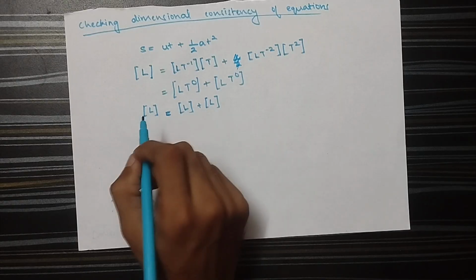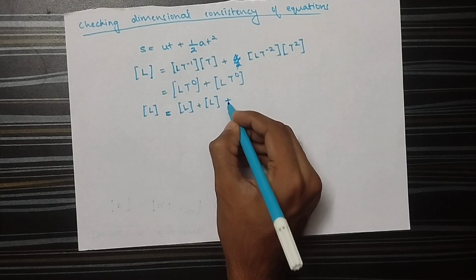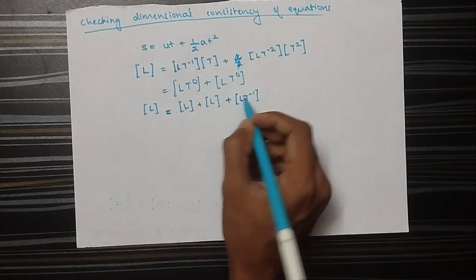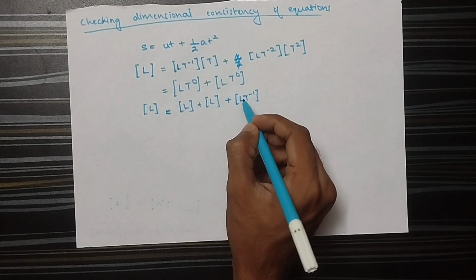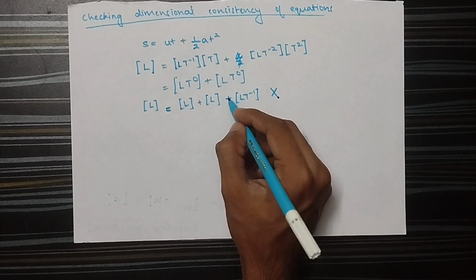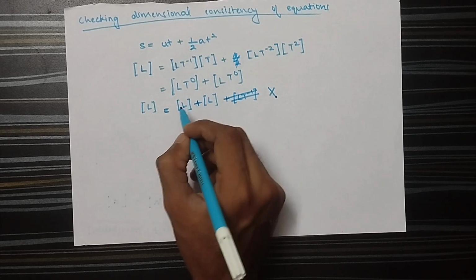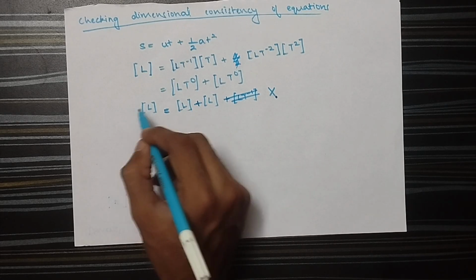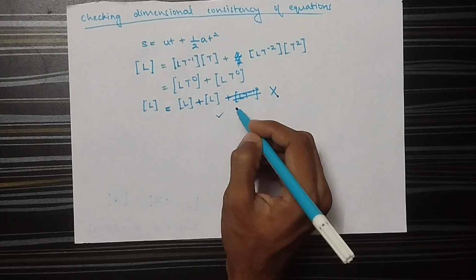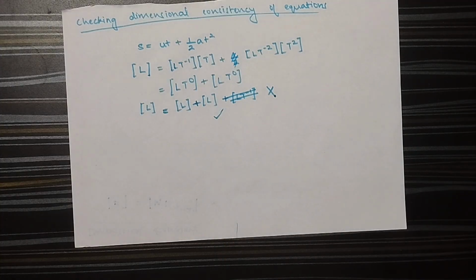So we see in any one of these sides, if we had another term L t raised to minus 1, then these dimensions won't match with this, and we can say the equation is wrong. But since we don't have this term and these terms are alike, and the LHS and RHS are both alike, we can say this equation is correct by the principle of homogeneity of dimensions.